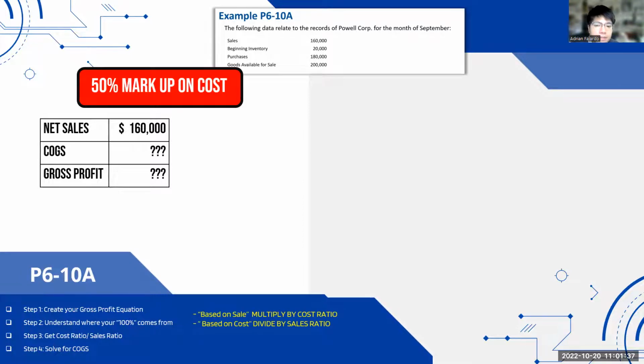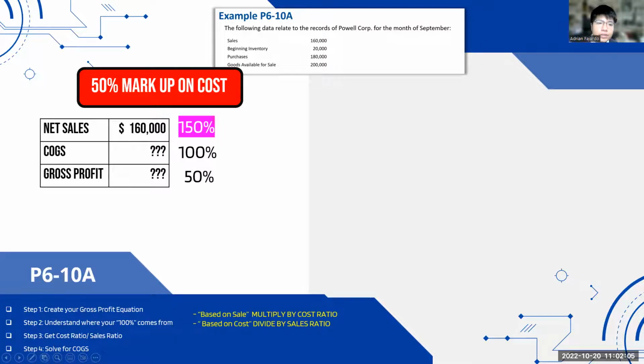Markup on cost means based on cost. Meaning, our 100% is cost of goods sold and 50% is gross profit. So, if I ask you what percentage the 160,000 net sales is, then obviously it's just 100% plus 50%. We know that net sales is at 150%.